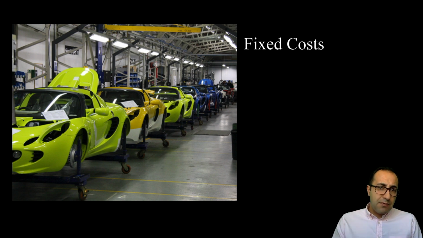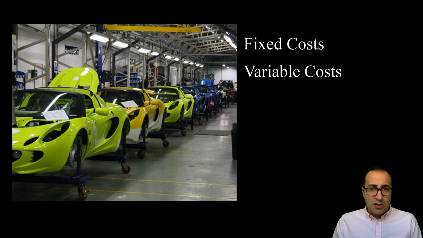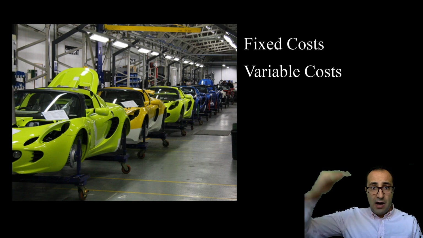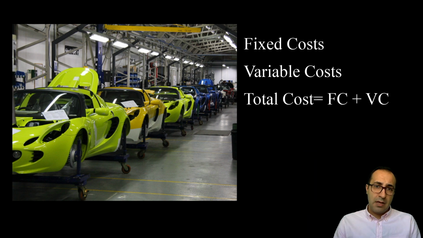The second type of costs are the variable costs, and again, as its name suggests, these costs vary or increase as we produce more and more cars. A good example of it is the car components. As you produce more cars, you're going to spend more on car components, therefore your variable costs go up. The combination of fixed costs and the variable costs give you the total costs.